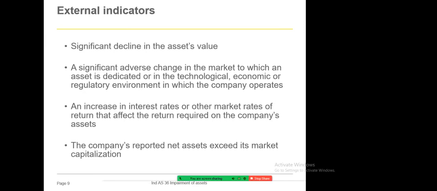Next one is an increase in interest rate or other market rate of returns that affect the returns required on the company's asset. For this, we can take an example that suppose as of today, we have certain debentures on which we are giving interest of maybe 8%. Suddenly the government has increased the rate of interest. Now, generally on the FD, we get maybe 5% rate.